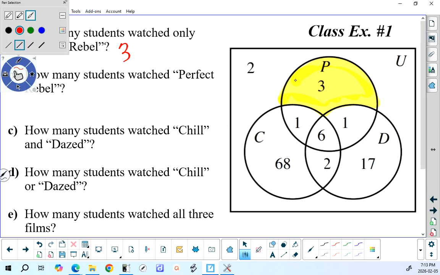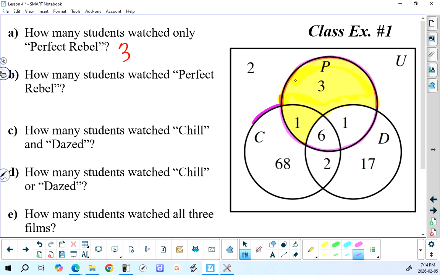You cannot include this one student because, yes, that one student is inside of set P. So yes, that one student did watch Perfect Rebel, but that one student is also inside of C, which means that one student, this guy that I'm talking about here, yes, they watched Perfect Rebel, but they also watched Chill.